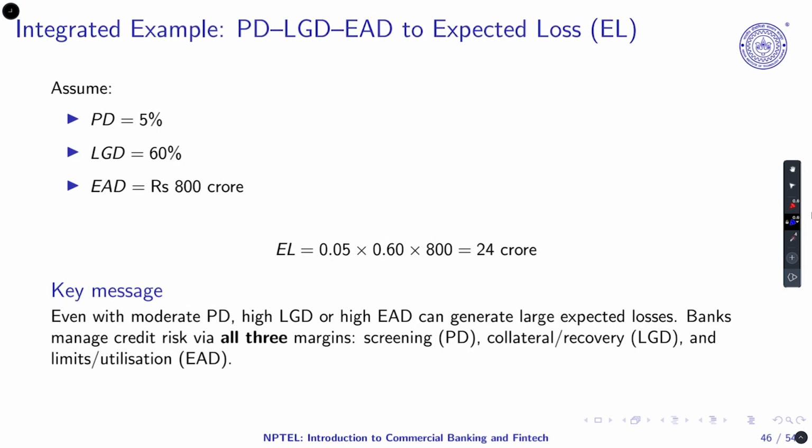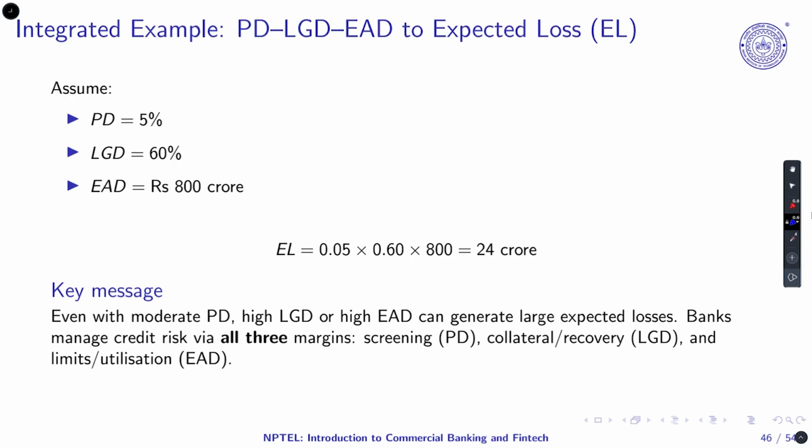Now suppose I have to combine all these three into one, so how do we do that? Suppose probability of default is 5%, loss given default is 60%, and exposure at default is rupees 100 crore. So if I have to go for expected loss, it is going to be 3 crore, which means that loss given default and probability of default matter a lot.